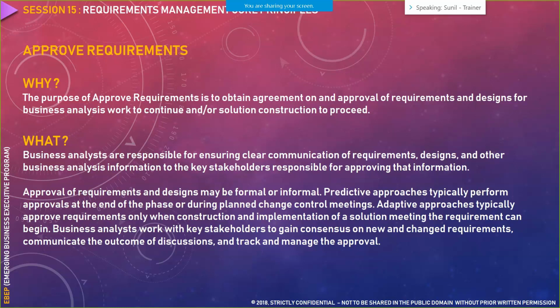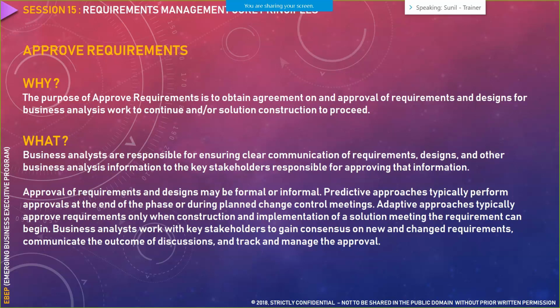This is a very important step in any requirements management process, because if we do not get an approved requirement and developers implement a wrong thing in a particular system, then we are the first people who would be blamed: that the BA gathered incorrect requirements, the BA had missing requirements, the BA gathered ambiguous requirements.